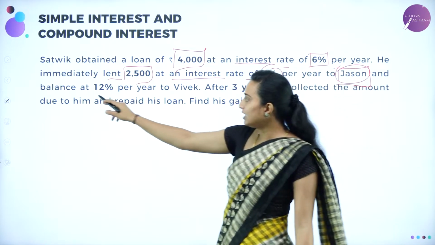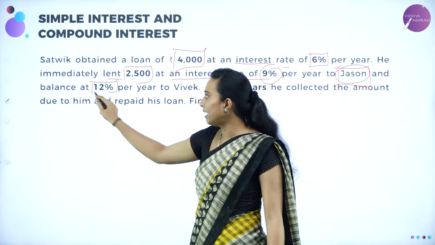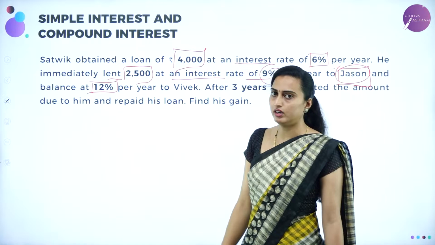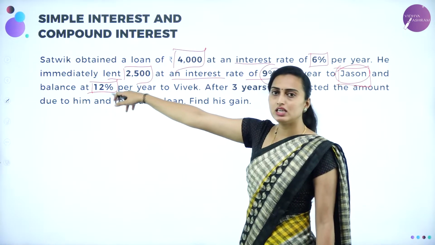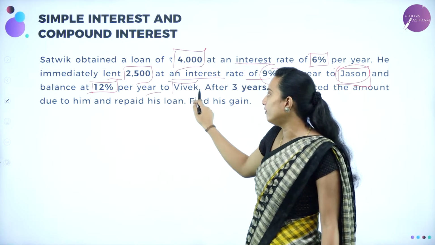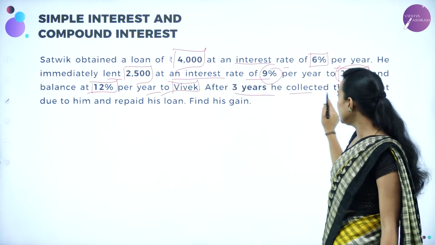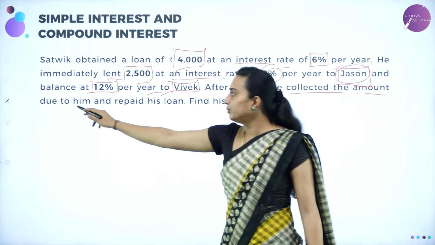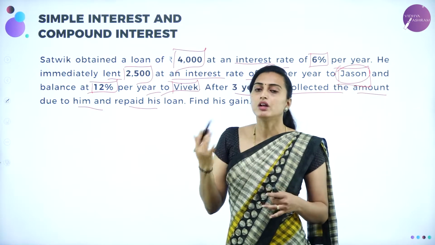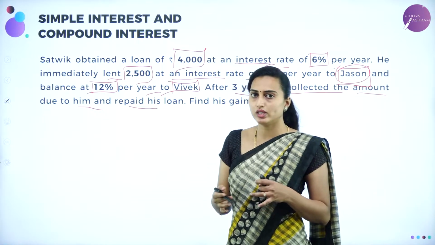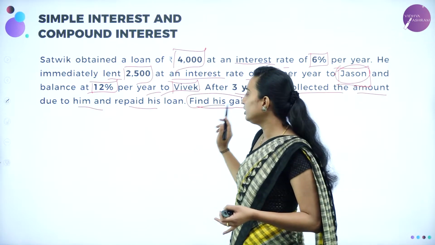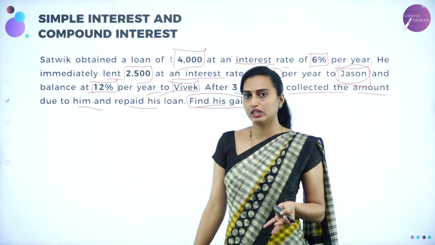And the balance at 12%. Balance means you are going to subtract 2,500 from 4,000. So the balance amount he is going to lend at 12% per year to whom? To Vivek. So after 3 years, he collected the amount due to him and repaid his loan. Find his gain. We need to find out the gain of Satvik.